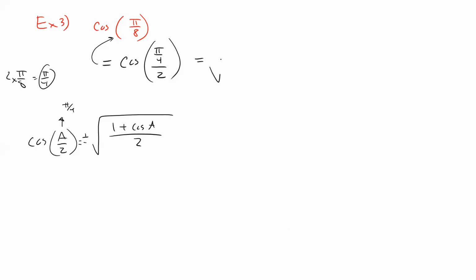Given the values here, this would be 1 plus cosine of pi over 4, all that divided by 2.